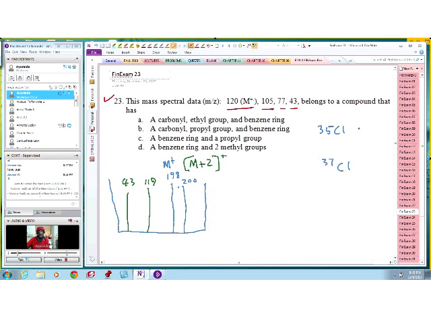Chlorine 35, if you say that is 100%, then relative to chlorine 35, the chlorine 37 will be about 33%.